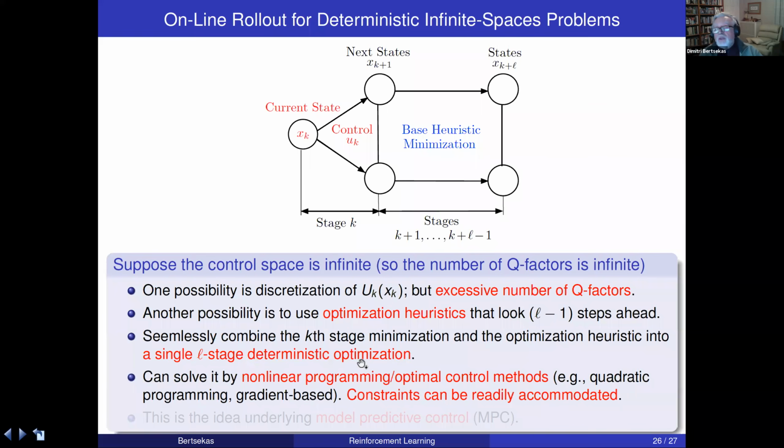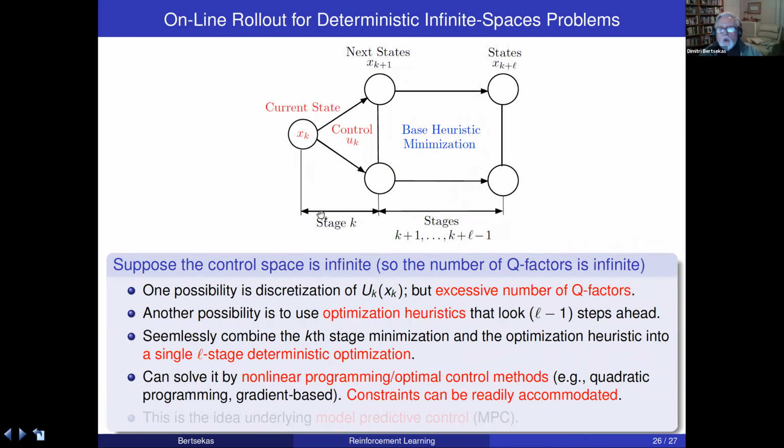And now how do you solve this L-step optimization? Well, that's what nonlinear programming does well, dealing with continuous spaces over a limited number of stages. And that's what people have been using in this context, as well as in model predictive control.